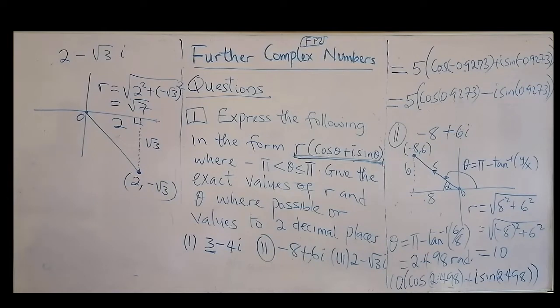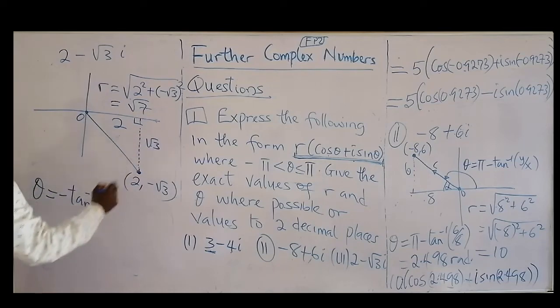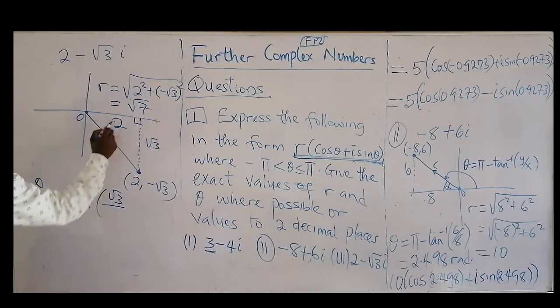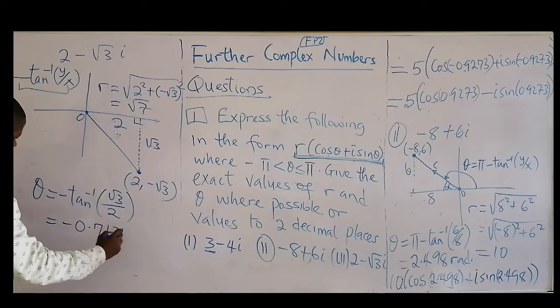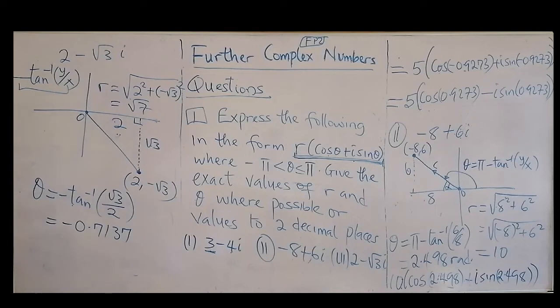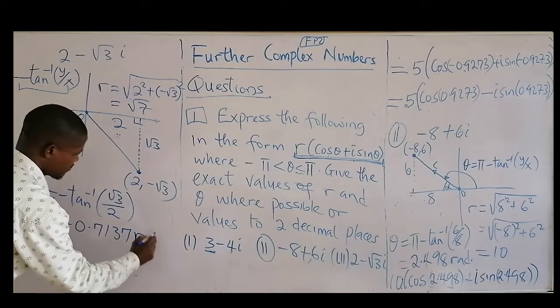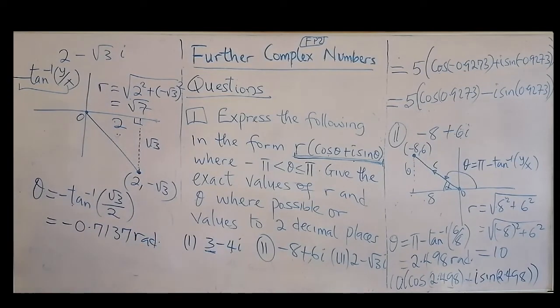Then we can get the theta, which is minus arctan of the vertical, the y, which is root 3, over 2. This gives us 0.7137 radian.